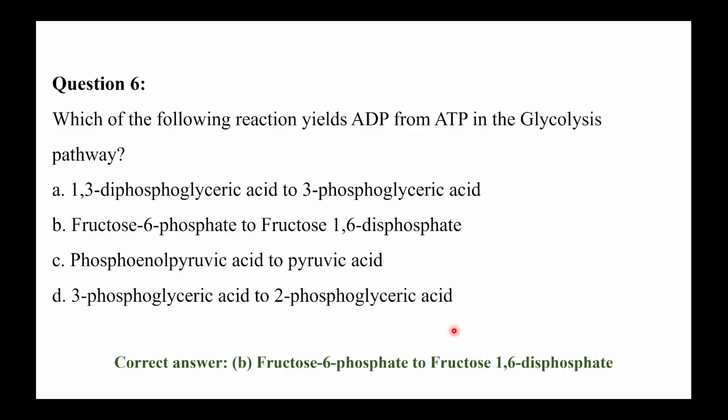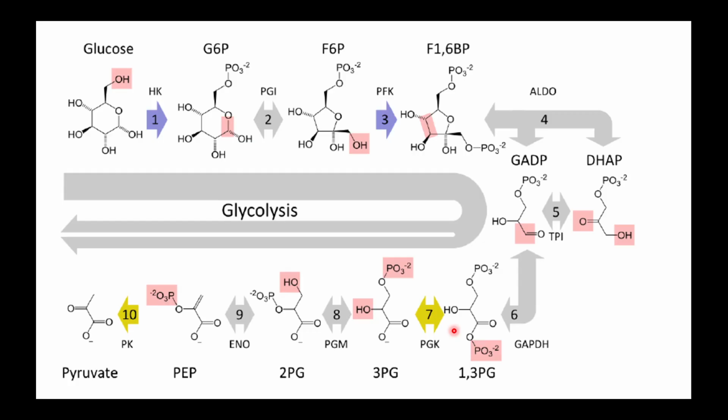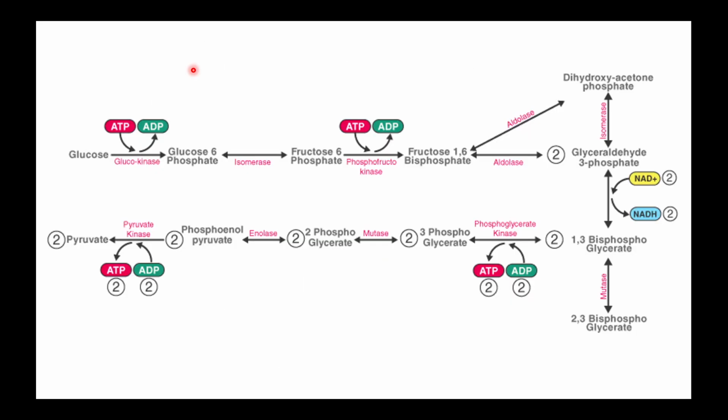If you are getting ADP from ATP, that means ATP is giving its phosphate to some substrate. So you have to see which of the options has a phosphorylation reaction occurring. This is the pathway that I had shown from glucose to pyruvate, the glycolysis pathway, and you can see there are steps where phosphate is being transferred. We have two steps where phosphate is transferred from ATP.